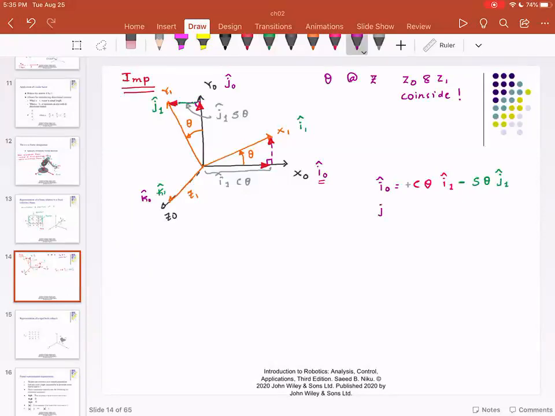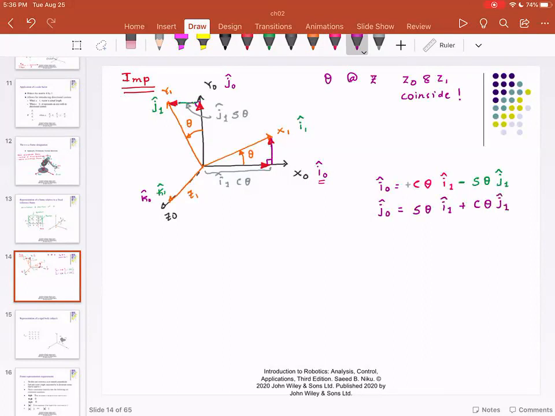Similarly, I can write j0 is equal to, now check this out, sine theta i1 plus cosine theta j1.